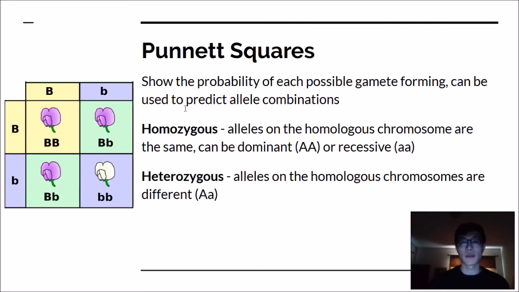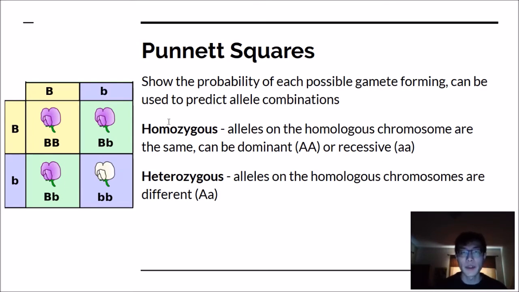Punnett squares show us the probability of each possible gamete forming, and can also be used to predict allele combinations, which makes us very happy because we can look visually and see these traits being shown. You put one parent up here, one parent over here, and simply cross those letters to make the correct offspring.